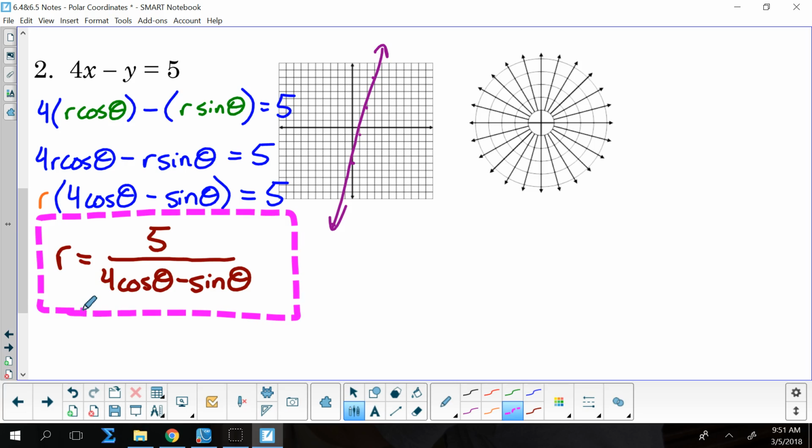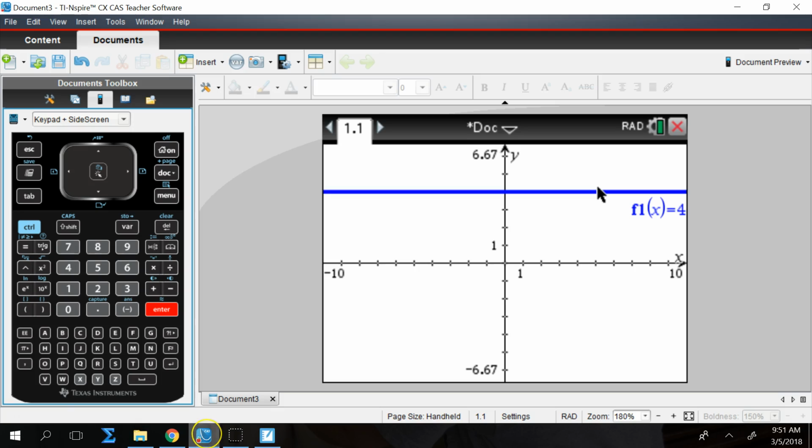Now, when I graph that, what should it look like? Should look like my purple graph right there, right? Okay. Let's try it.